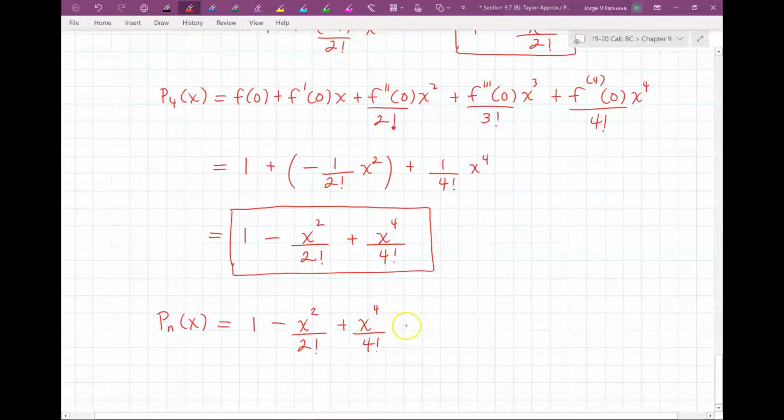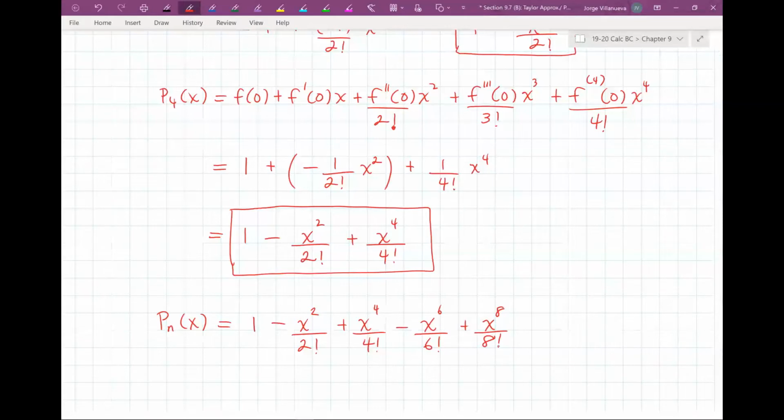Which should be next? x to the 6th over 6 factorial, but plus or minus? Negative, right? And then x to the 8th over 8 factorial, etc., etc., right?